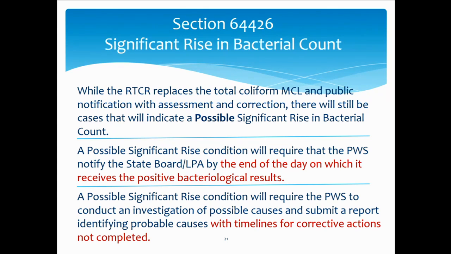And I just want to stress possible, because these conditions require you to do things, but there hasn't been any violation. There hasn't been any requirement to do public notification until we collaborate and decide, is it a real problem or isn't it a real problem? So the conditions in this section are a possible rise, and then if we determine that, yes, it's a real problem, then it is a rise, and there are notification requirements.